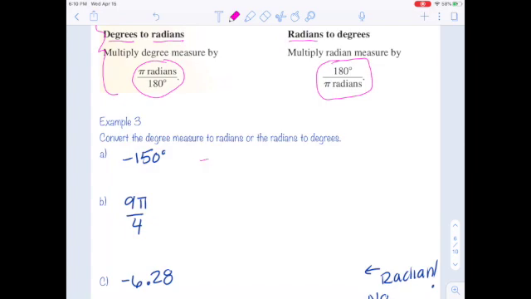If you wanted to get the radian measure of negative 150 degrees, you take that negative 150 and you're going to multiply by pi over 180. And simplify that, you get negative 150 pi divided by 180. So that simplifies to be negative 5 pi over 6.